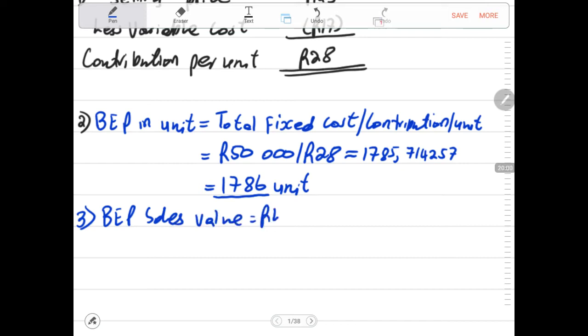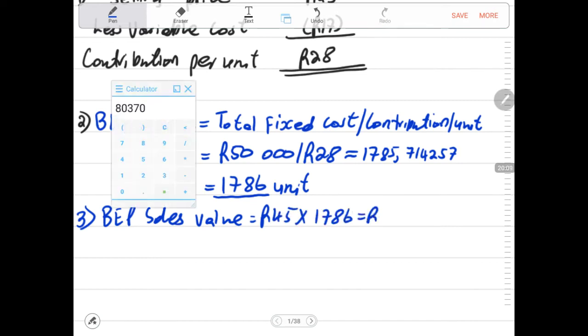It is 45 Rand times 1,786. Then how much do we get? 45 Rand times 1,786. We have calculated that, 80,370 already. So now this will be the amount that we are talking about.